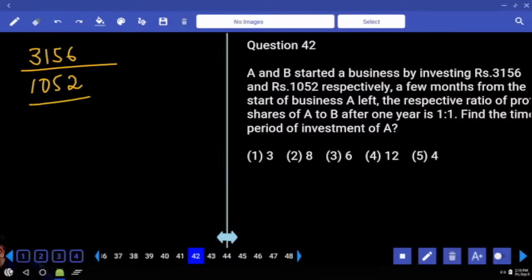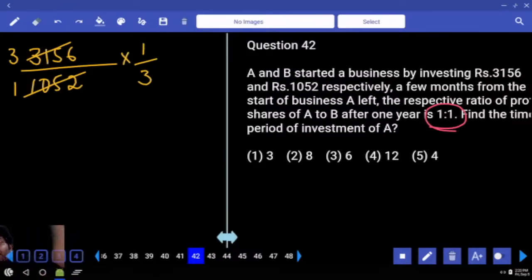First one is in 3,000s. Let's see whether it is exactly 3 times or not. 1,000 3 times, satisfied. 52 3 times, 156 satisfied, right? So it is in the ratio 3:1. Finally, when they are getting profit in equal ratio, the time period ratio should be 1:3 only.